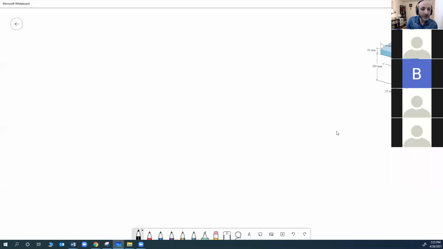But I'm talking about y bar, this right here. To do this centroid for a composite area, I can break it up into two different areas, right?